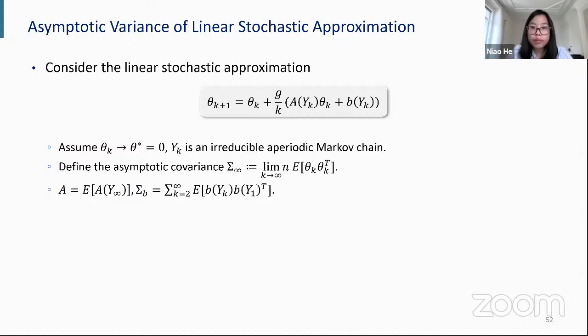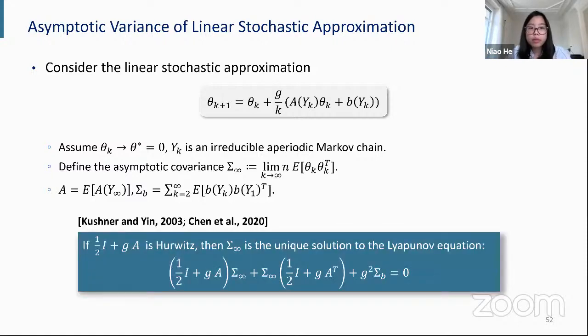Then there is a very classical result that says that if you select this step size G properly, such that the matrix 1/2 times identity plus G times A is Hurwitz, then the asymptotic covariance of your stochastic approximation algorithm is indeed the unique solution of the following Lyapunov equation. So you can exactly characterize the asymptotic covariance matrix by just plugging in this matrix A and this matrix sigma B, right?